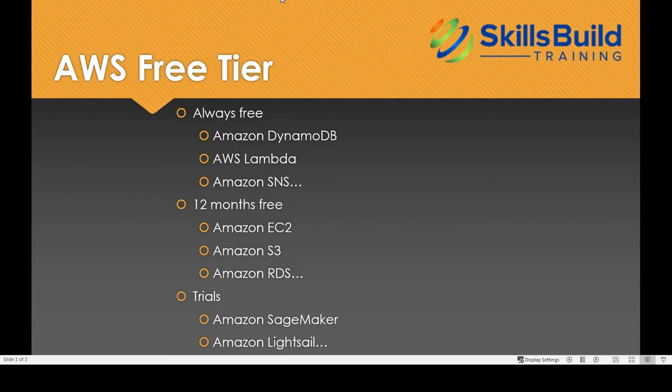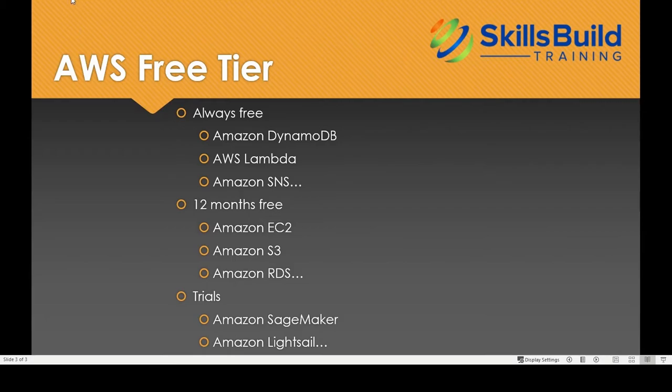These free tier offers are short-term trial offers that start from the time first usage begins. Once the trial period expires, you simply pay standard pay-as-you-go service rates. Some services among the trial offers are Amazon SageMaker, which is a machine learning service provided by AWS, and Amazon Lightsail, which is one of the compute services.